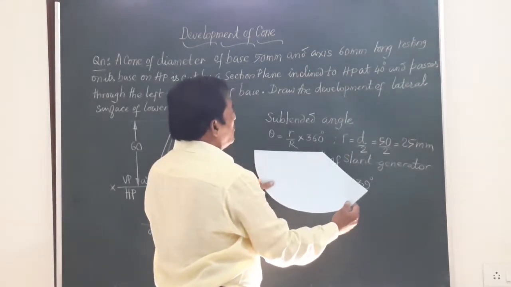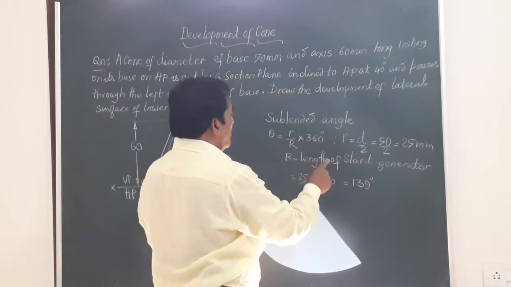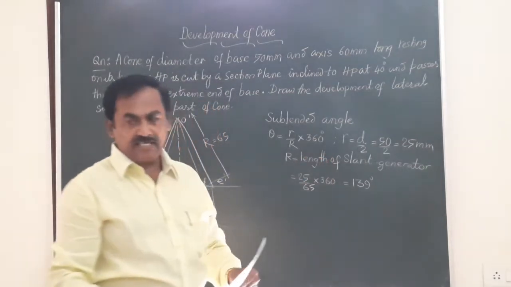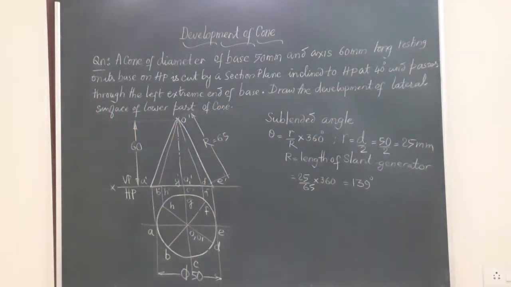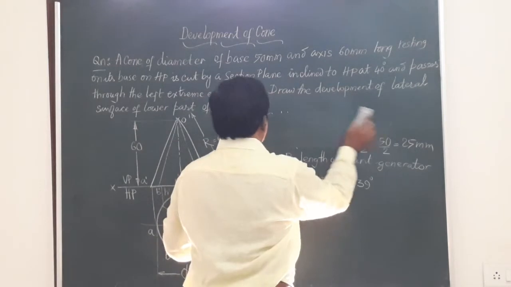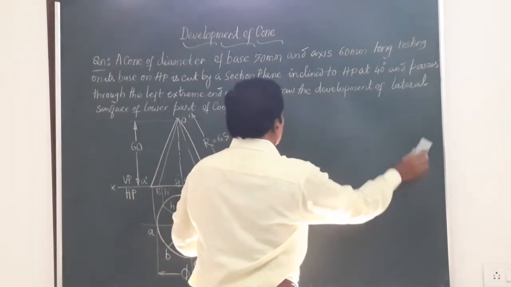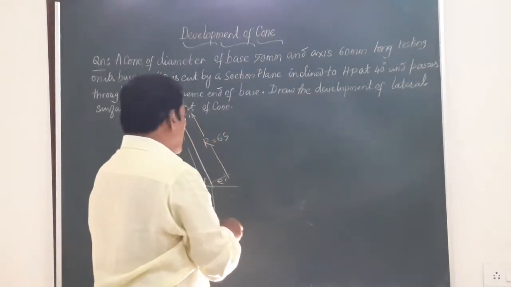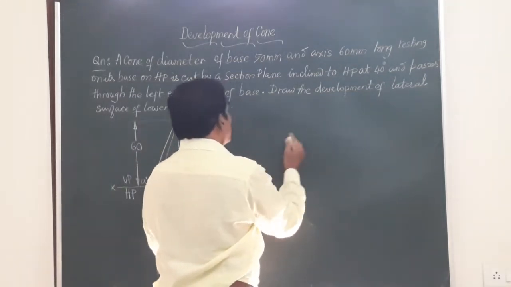So you are going to mark this sector now before getting the development of the solid. Let me rub this. Now let me draw that sector. So how to draw that sector?